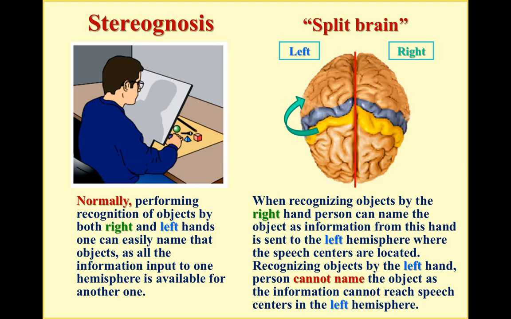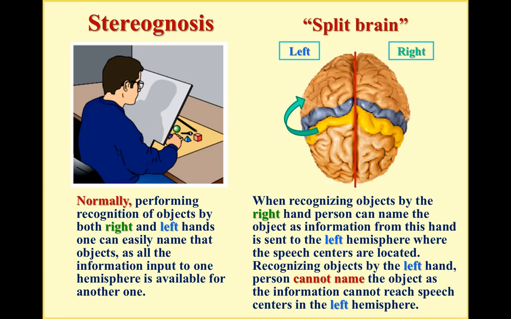But if the same patient tries to recognize an object by the left hand, the left hand receptors send impulses to the right hemisphere. And the right hemisphere receives this information. But to answer the question, it's necessary to produce the words. Words, in most persons, including these patients, are a function of the left hemisphere.